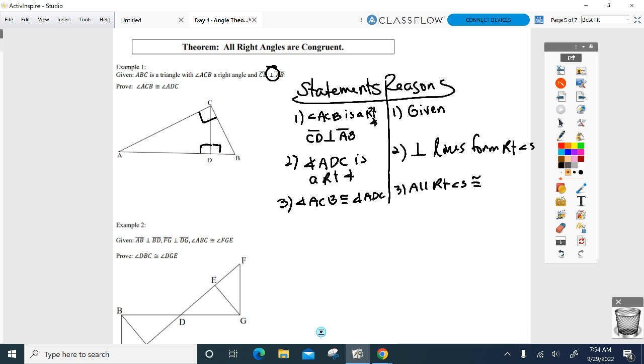Questions? How I use all right angles are congruent is the biggest thing. Again, I know I've stressed this a lot. You have to have both right angles in your proof already before you say they're equal. Your diagram doesn't count.